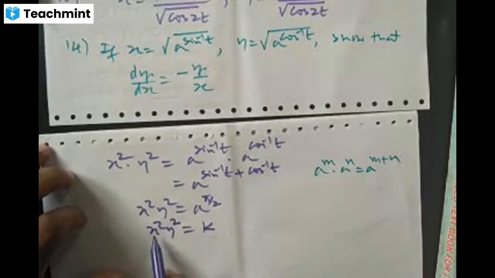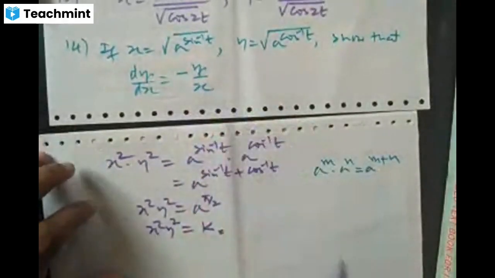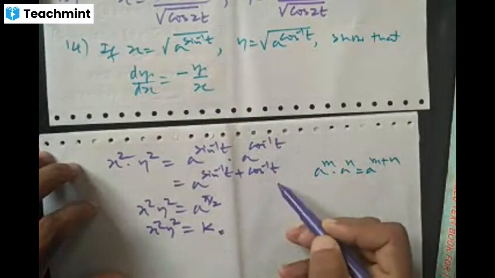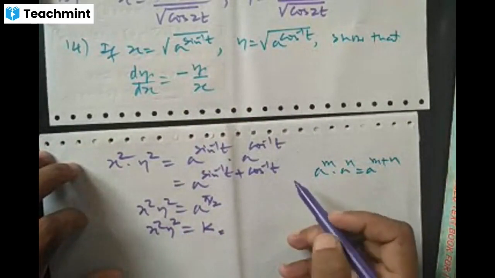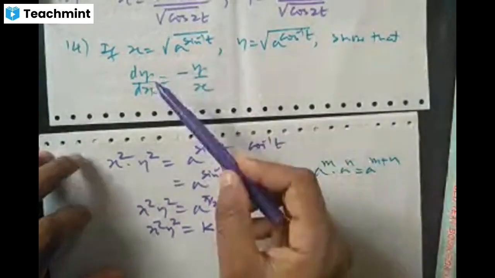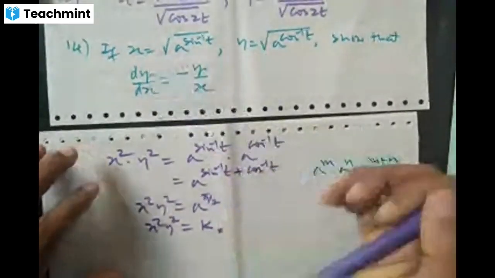Understood? I'll take x square y square is equal to some constant k. Now you can show that dy by dx is minus y by x. Okay, here in this case I have eliminated the parameter t. Understood? Of course, you can also show that dy by dx is minus y by x by finding dy by dt and dx by dt.